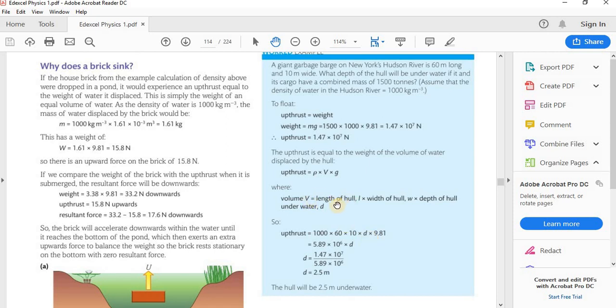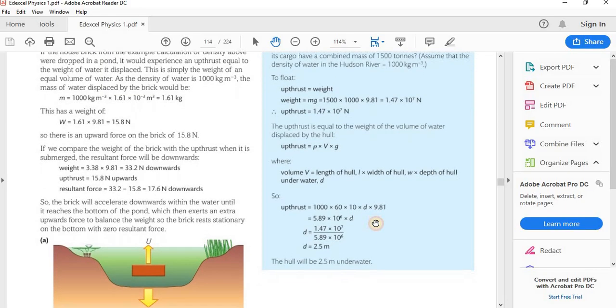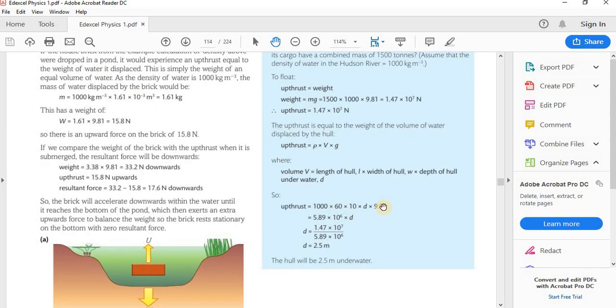We assume this hull is rectangular in shape, like a brick. Then this will be the volume, this will be the density of water, and we multiply by 9.81 to get the weight of water displaced by the hull.